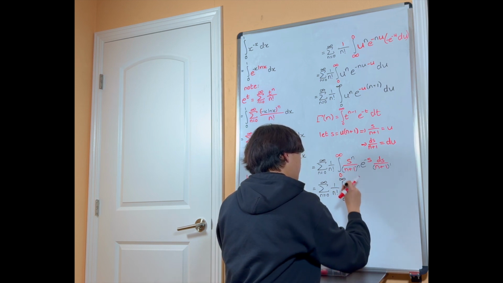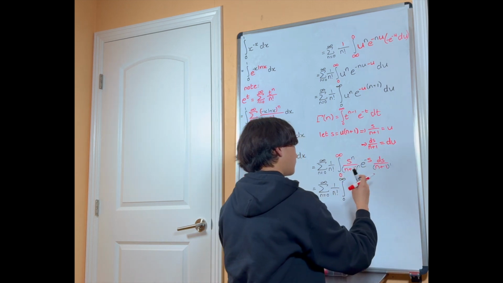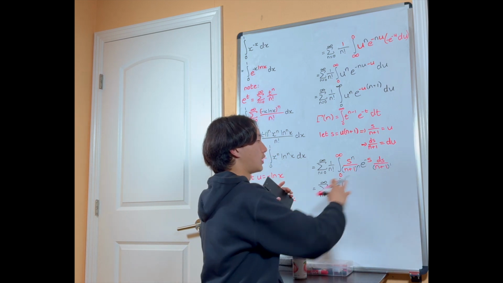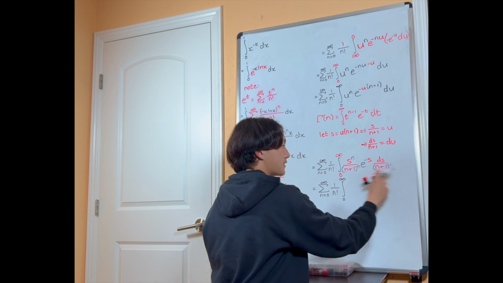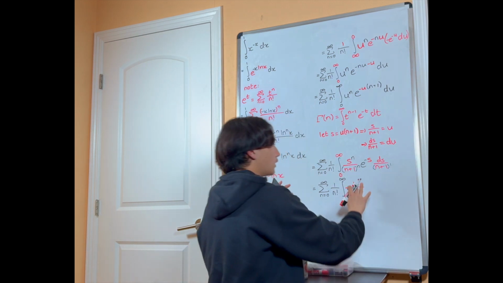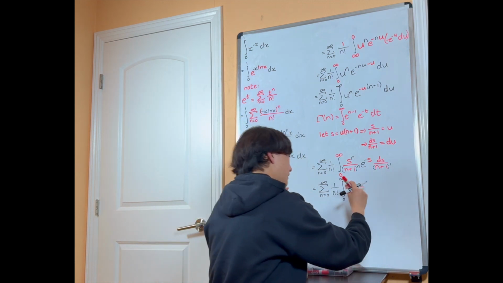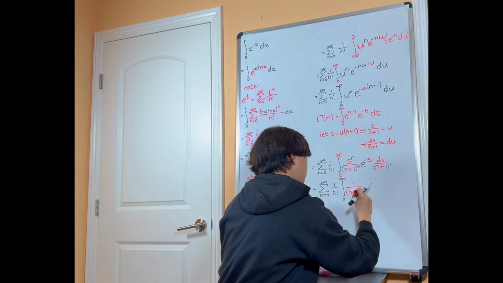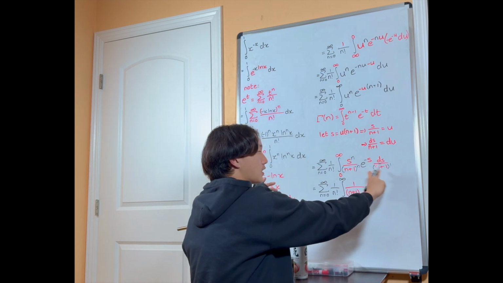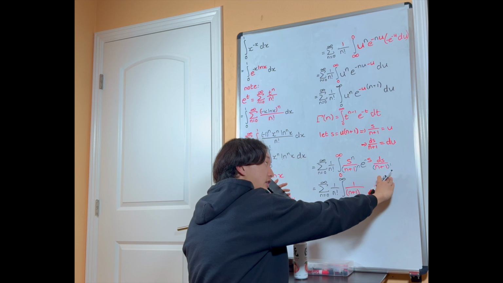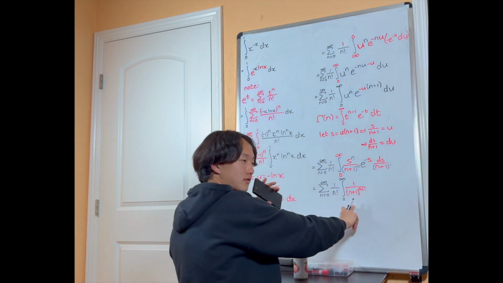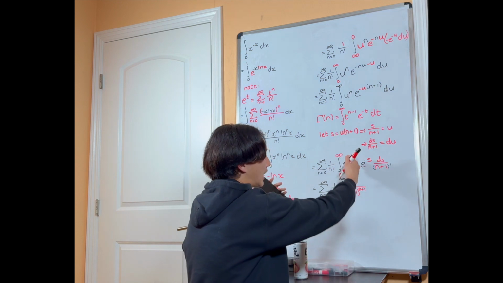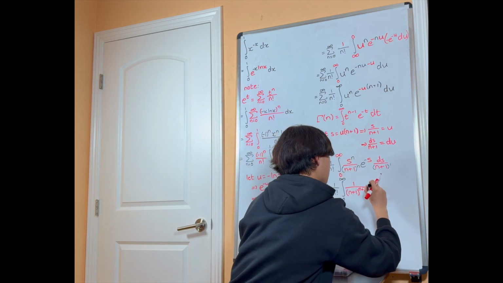Integral from 0 to infinity. Let's write down the n plus 1 stuff first. This is in the denominator. The base is the same, so we can keep that there, and since they're multiplying, you can add the powers. Interesting, right? And then we have our s to the n and then e to the negative s.